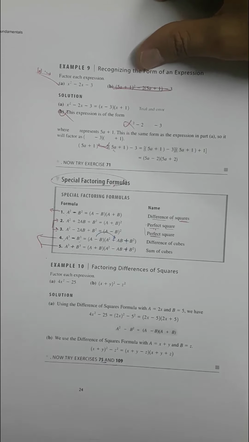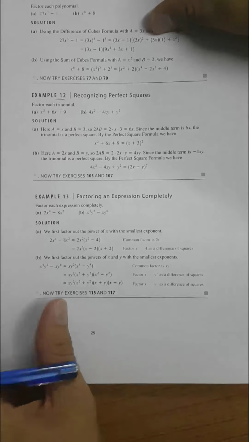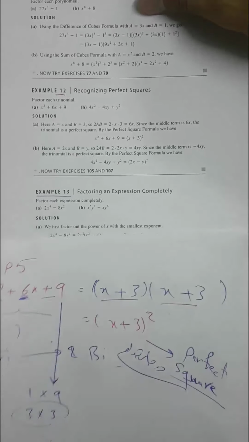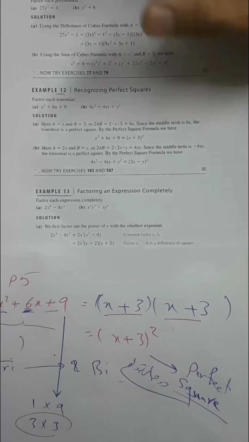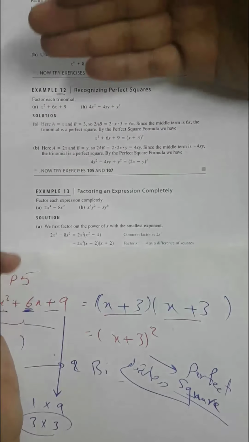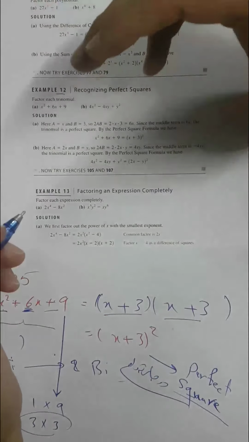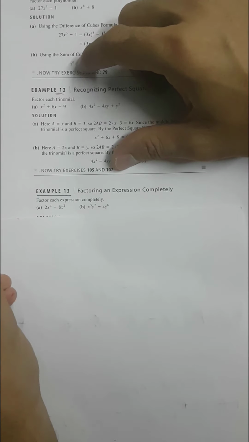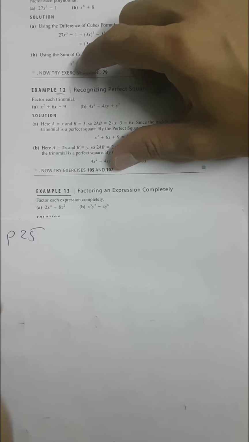Now, sorry, page 25. There's about example 13. About example 13 is important also because you should do some things, then you can factor them. How? So factor means that how much? Come on. So I need you to do example 13, page 25.